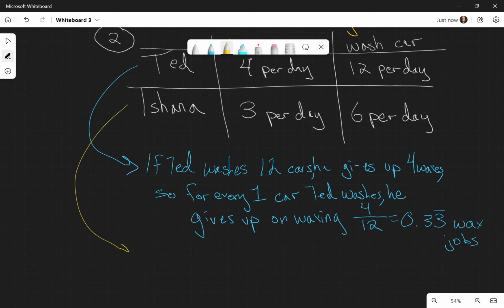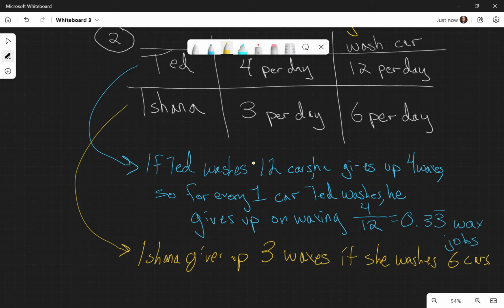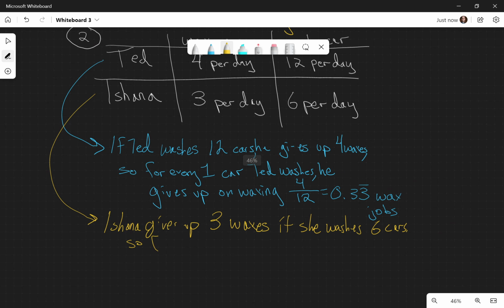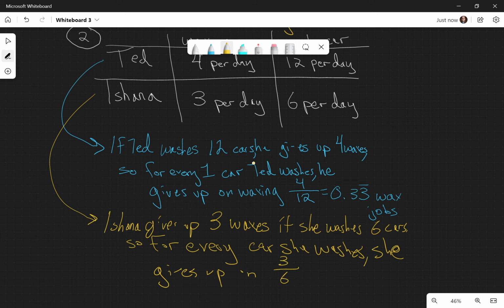What about Ishana? Well, if Ishana gives up 3 waxes if she washes 6 cars, then for every car she washes, she gives up 3 out of 6, or a half of a wax job.